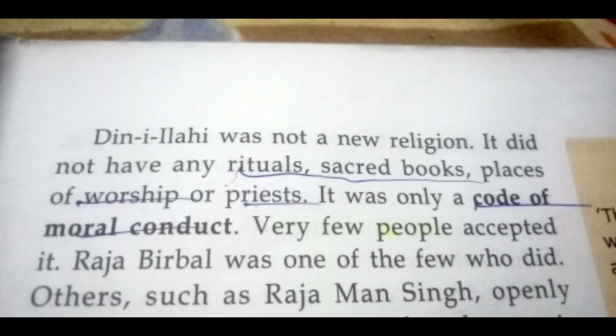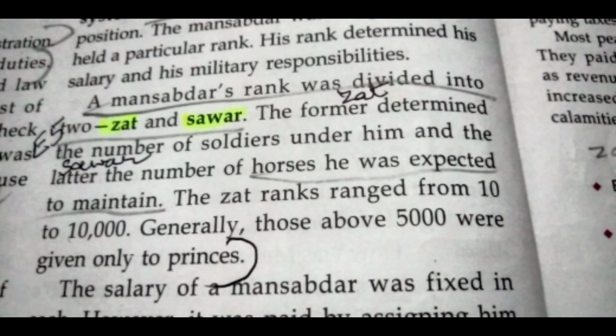Now the next point we are going to discuss is the Zat and Sawar. Let us start with Zat and Sawar. A Mansabdar's rank was divided into two, Zat and Sawar. The Zat determined the number of soldiers under him, and the Sawar the number of horses he was expected to maintain.